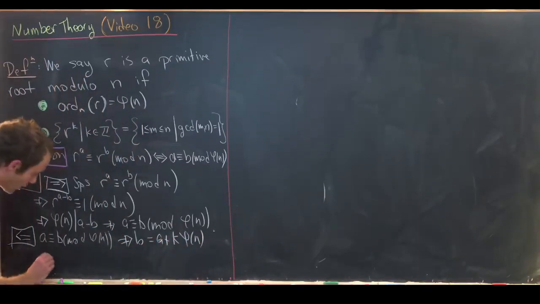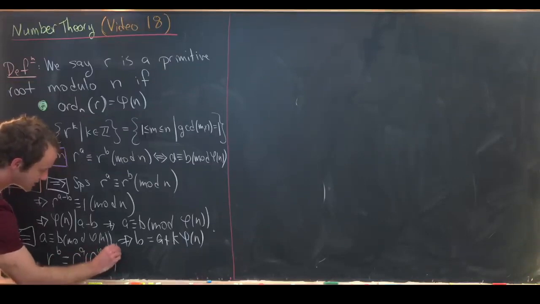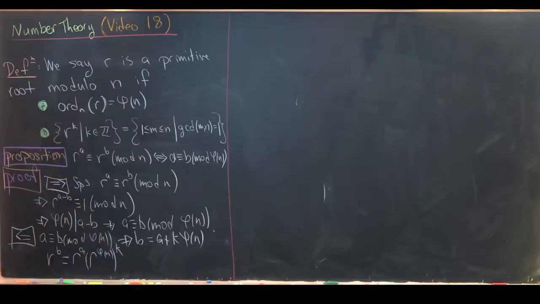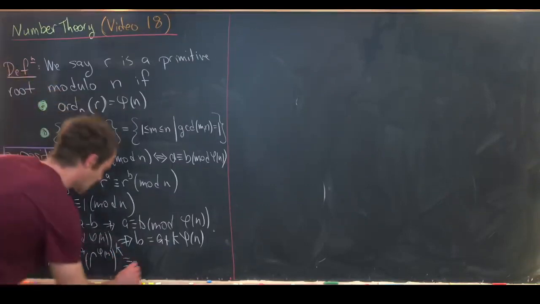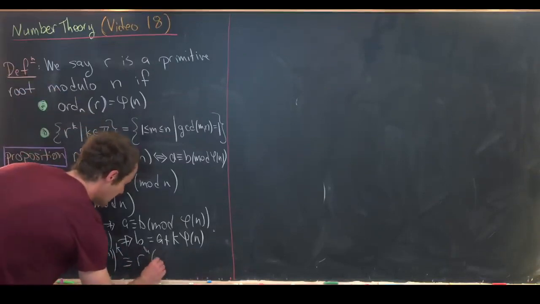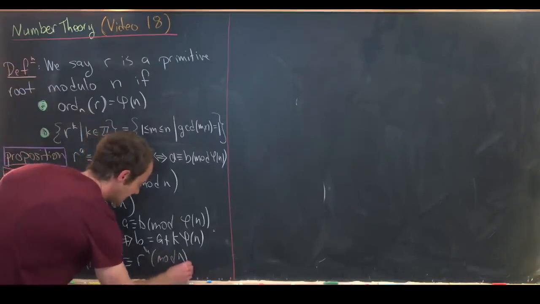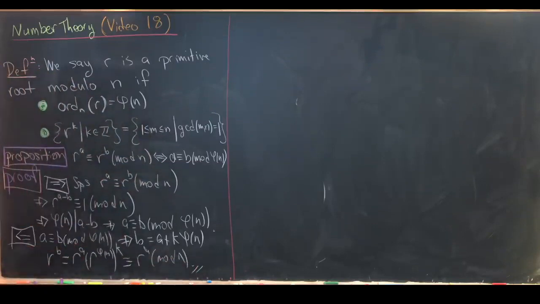And then notice that R to the b is the same thing as R to the a times R to the phi of n all to the k, just using exponent rules. But this R to the phi of n is congruent to 1 mod n, given that R is a primitive root, or just by Euler's theorem, so we know that is congruent to R to the a mod n. So that proves that reverse direction.